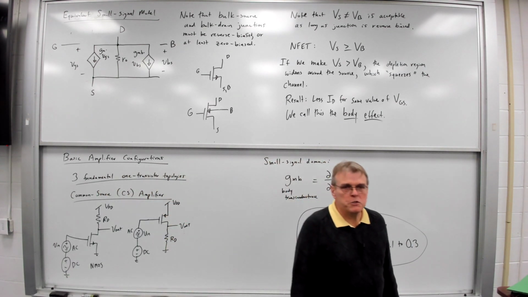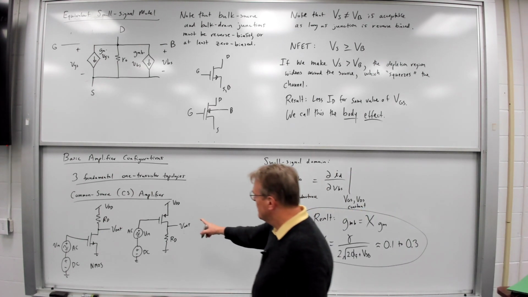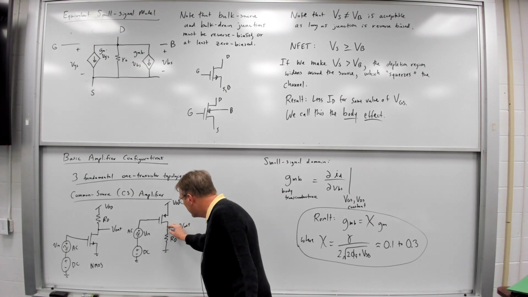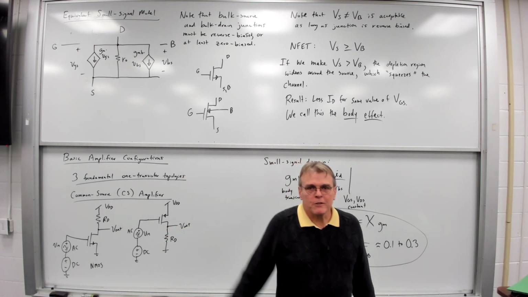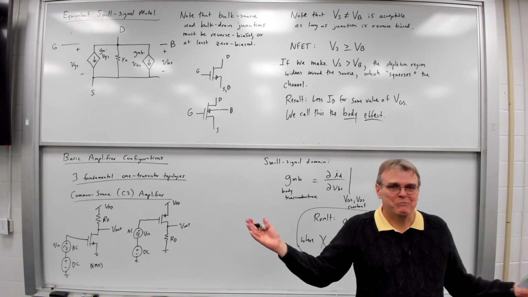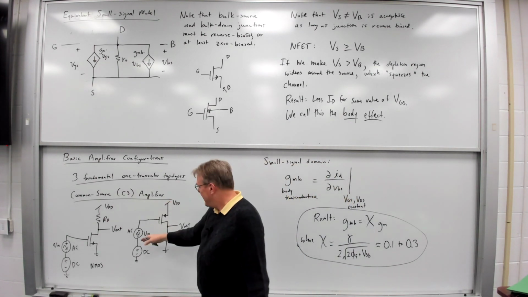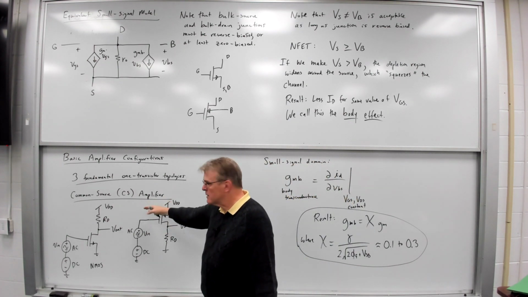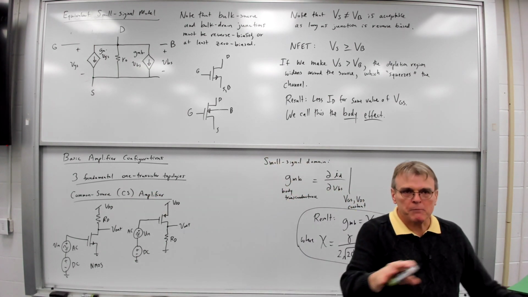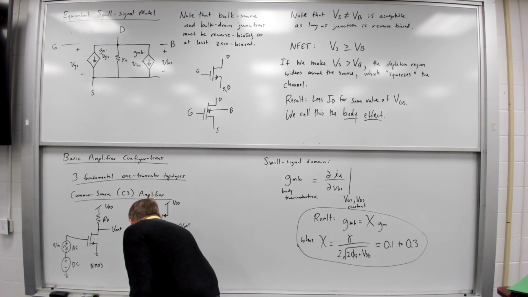I flip the transistor upside down. So here for the PMOS, source is VDD, drain resistance between drain and ground. What does that small signal diagram look like for the PMOS versus the NMOS? Looks the same. Because like I said, it's the same small signal model, and once you convert these to small signal and you take all the DC voltages and set them to 0, you're going to have the same topology for the small signal diagram. So anything I do with NMOS, I can do with PMOS.